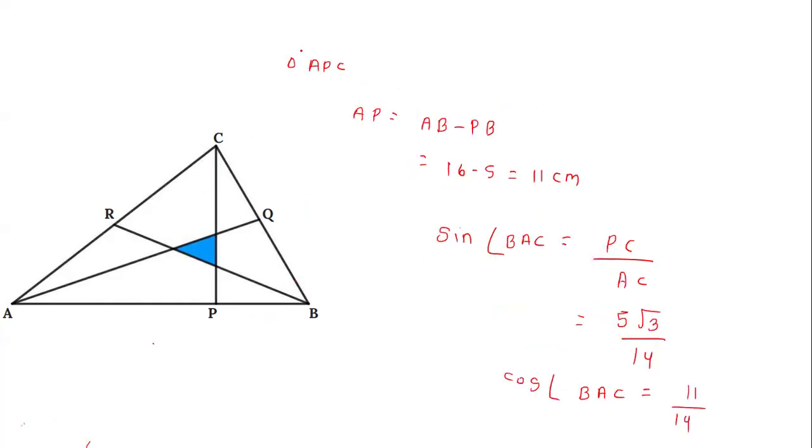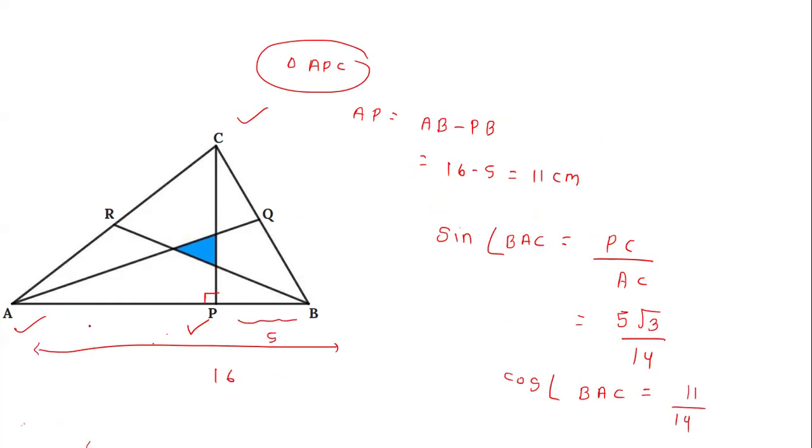Now consider the triangle APC, this A, this P and this C, and we know this is 90 degree. We know AB as a whole is 16, and we also found that this is 5. So this remaining part is AB minus PB, which is 16 minus 5, which is 11 centimeter.